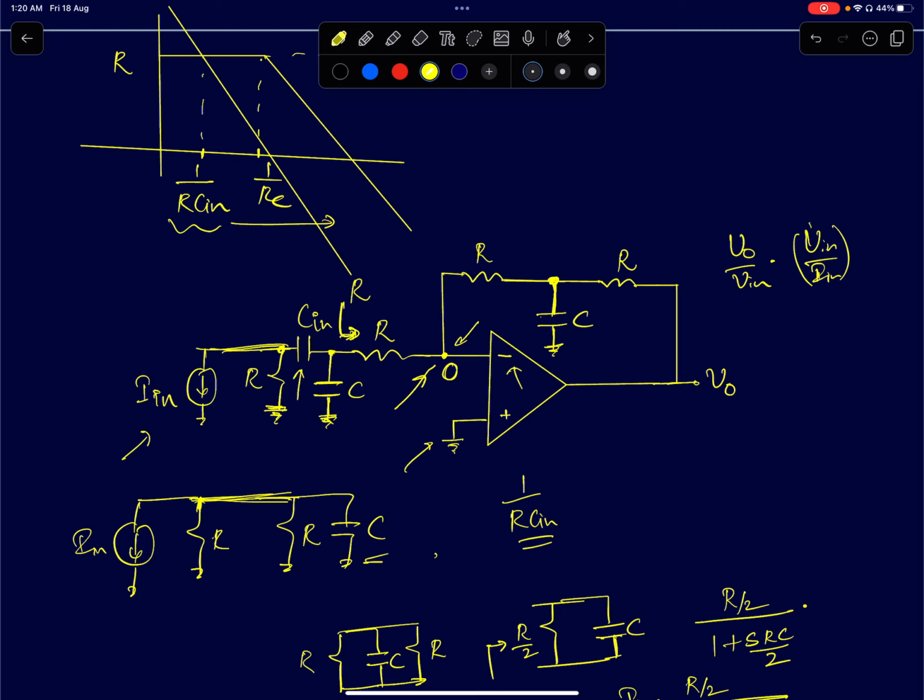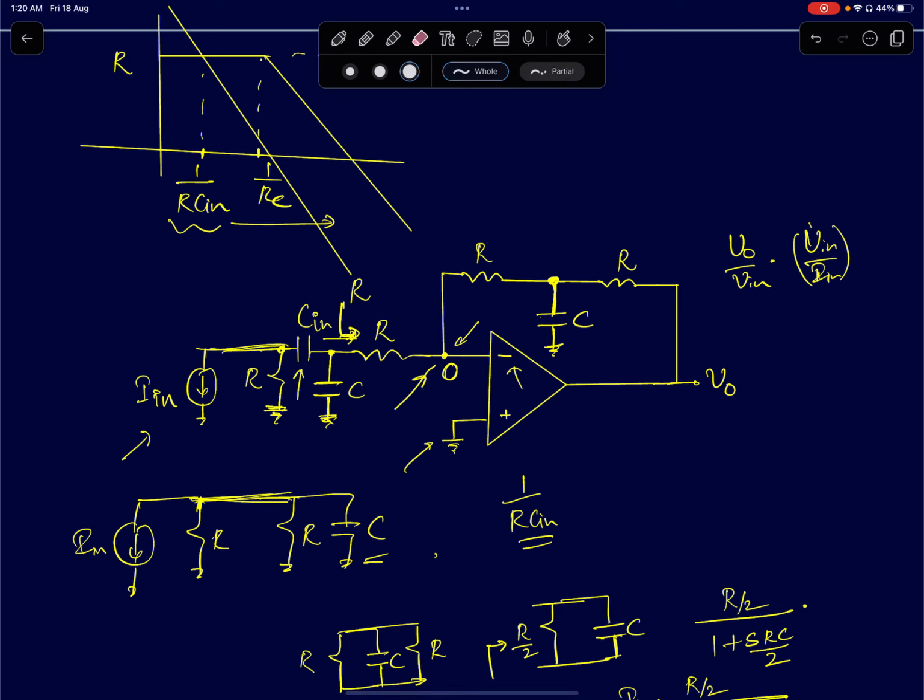No current flows into this amplifier, so the transimpedance gain will be zero. Generally, whenever you AC couple, we are interested in the gain of the amplifier after the AC coupling frequency. That's why I had given this assumption, Cin is much greater than C, which means for all those frequencies of interest, I can assume Cin to be a short circuit.